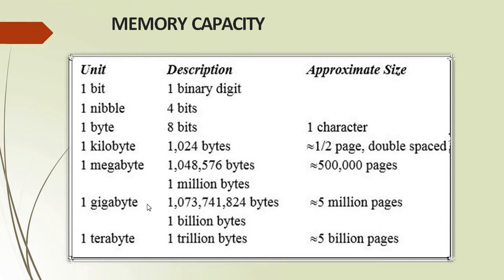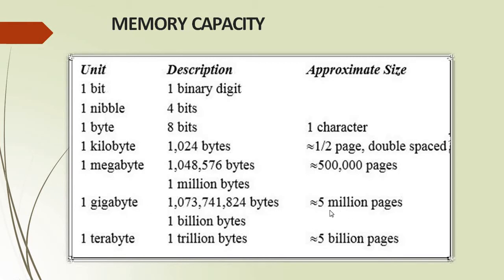So here is the memory capacity, which describes how much storage capacity there is and in how many bytes it stores the data. 1 bit is equal to 1 binary digit, 1 nibble is equal to 4 bits, 1 byte is equal to 8 bits, that is approximately 1 character. 1 kilobyte is equal to 1024 bytes, which is one and a half pages double spaced. 1 megabyte is equal to 1 million bytes, approximately more than 500 pages. 1 gigabyte is approximately 1 billion bytes, and 1 terabyte is approximately 1 trillion bytes.